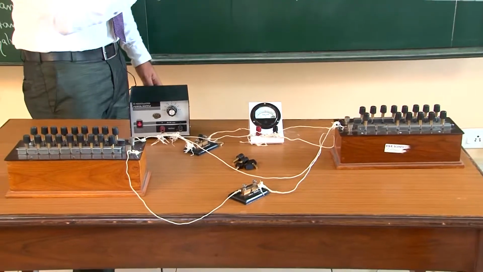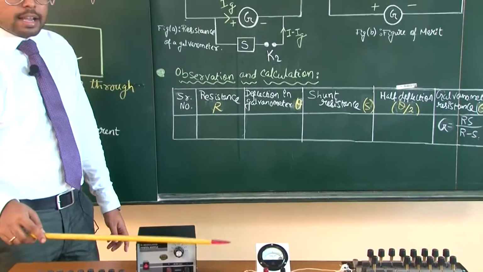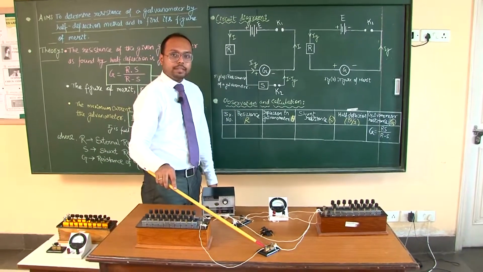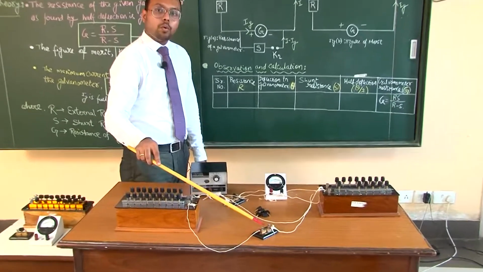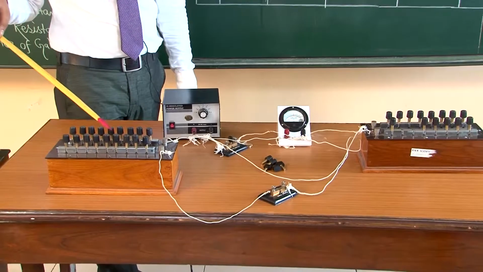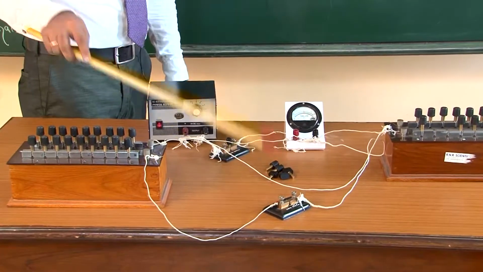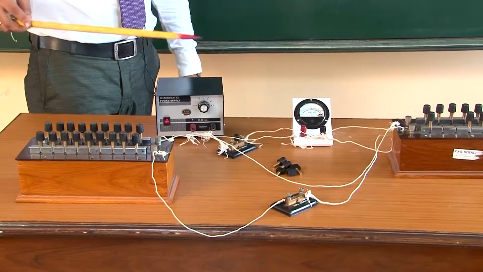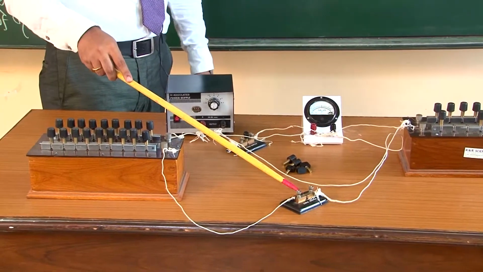So, this circuit and this circuit are the same. When key K2 is open, the shunt resistance is not connected to the circuit. When K2 is closed, the shunt resistance is connected parallel to the galvanometer. Depending on our requirement, we will close this one and open this one.